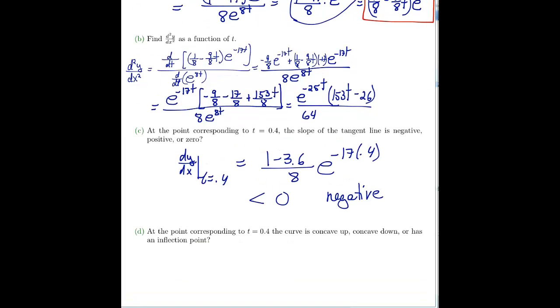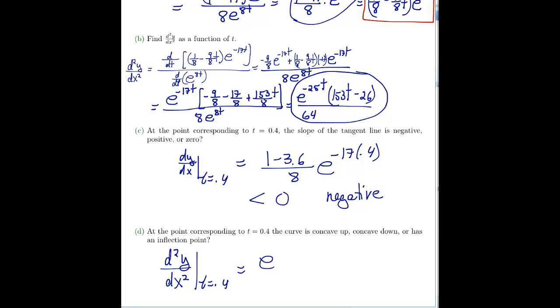And then for part D, is the curve concave up, down, or an inflection point? Well, that's given by the second derivative, so I'm going to use this. And I'm just going to plug in t equals 0.4 in there.